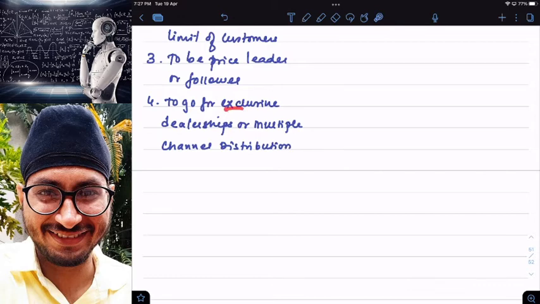McDonald's goes for what? Exclusive dealerships. And then like MI phones, Samsung phones, Apple phones are there. They go for what? Multiple channel distribution. Means their product is not available only in one place. Their product is available almost in every mobile shop in India. Most of the mobile shops keep almost every phone, right?